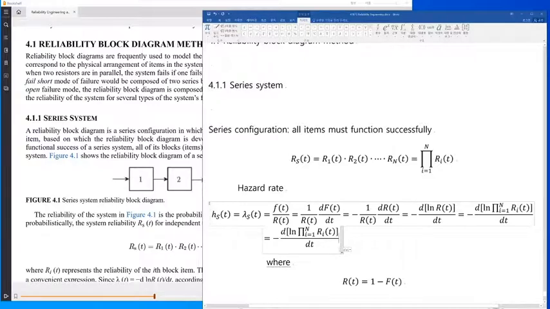The log of all these products will be the same as the sum of all the logs. So this will be the sum from i equals 1 until n of log R_i(t).